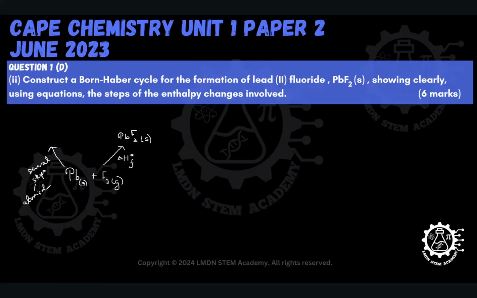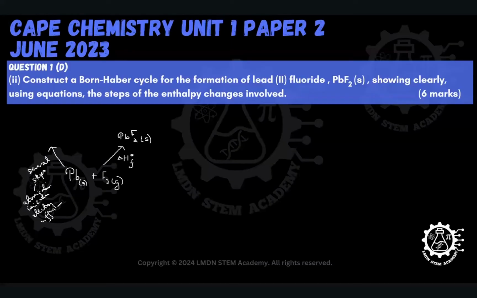There's going to be an ionization step, right? Ionization step. And there's also going to be an electron affinity step, right? So there are several steps there that we have to go through, right?